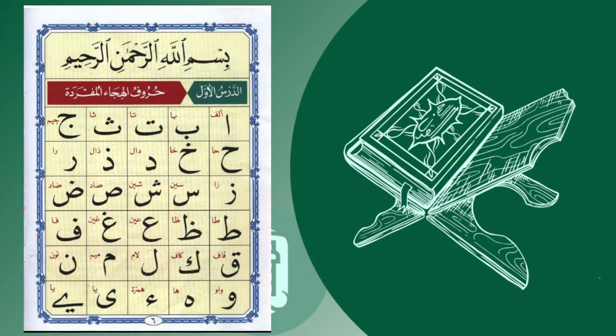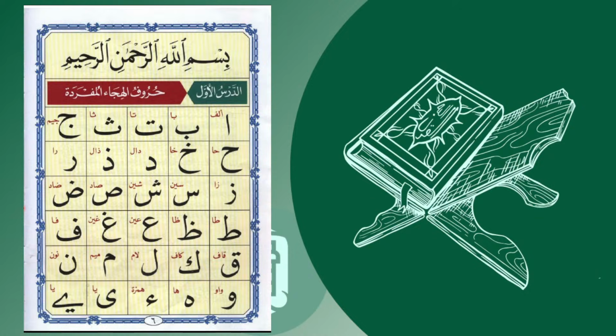However, for Ta and Tha, the third and fourth boxes, the two dots of Ta and the three dots of Tha sit just above the horseshoe, and all of that sits above the baseline. But for the next one, which is Jim, only part of it sits above the baseline, correct?